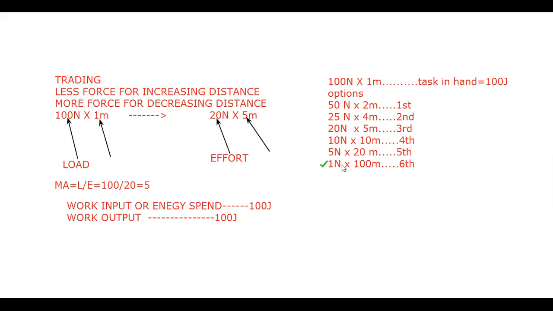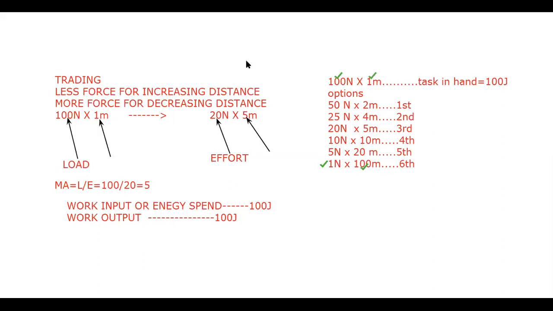But in turn, look at what you are doing. You are applying 1 Newton, but for 100 meters. So you are ready to apply 1 Newton for 100 meters, and in turn, the machine will apply 100 Newton for 1 meter.